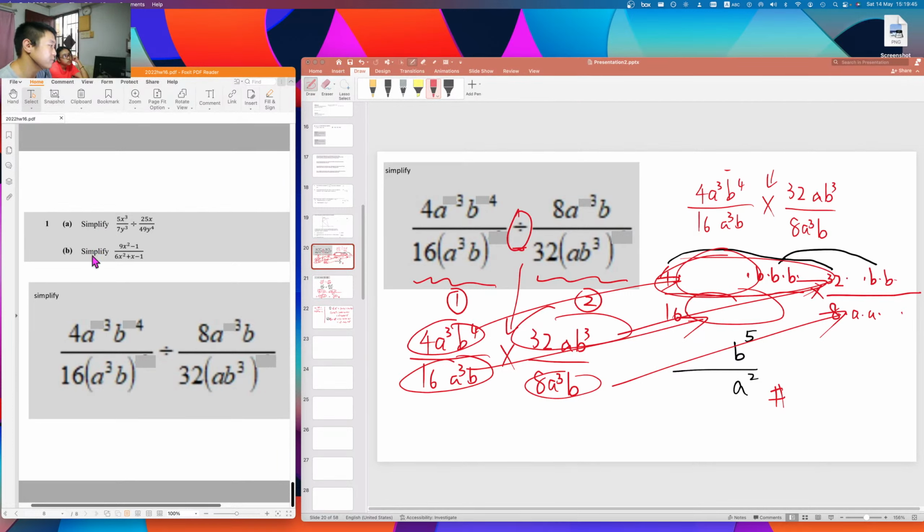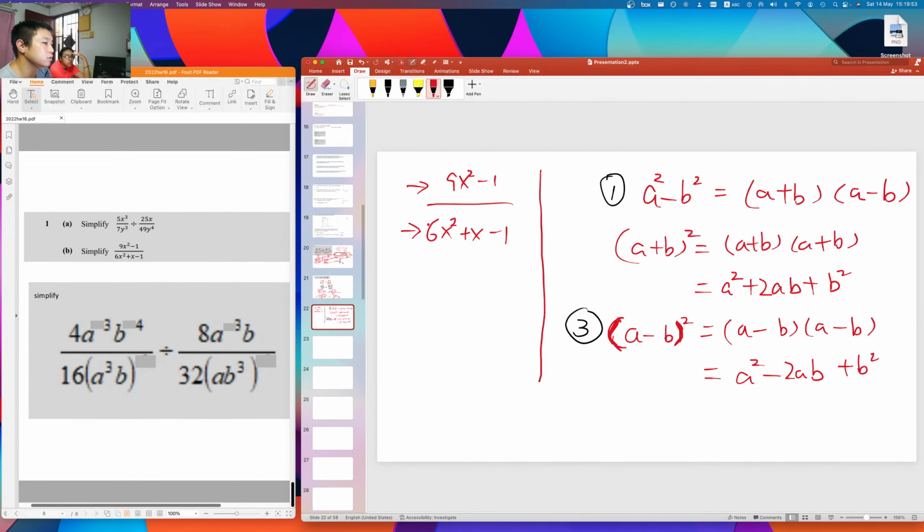You always need to do the numerator, see if you can expand. And for this one, see if you can expand. Or factorize.